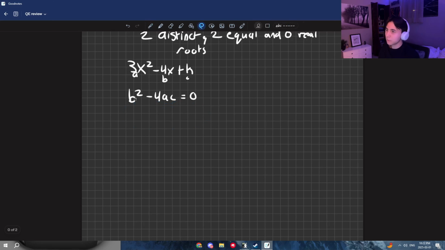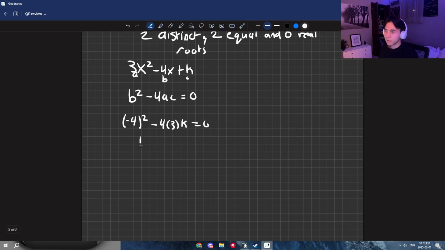So we're going to set our discriminant equal to 0. Now all we have to do is replace: negative 4 squared minus 4 times 3 times k is equal to 0.